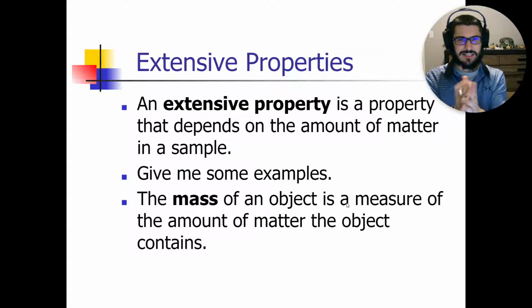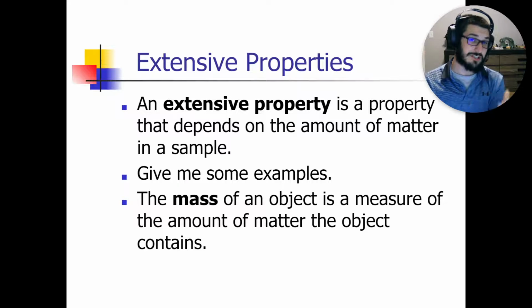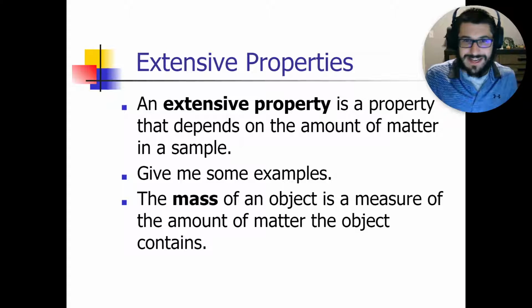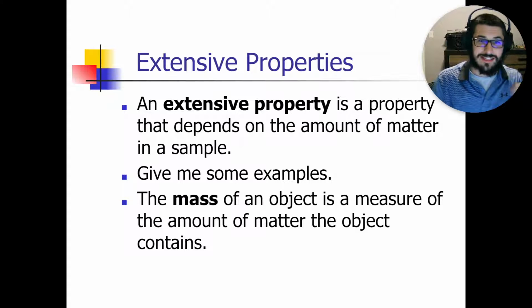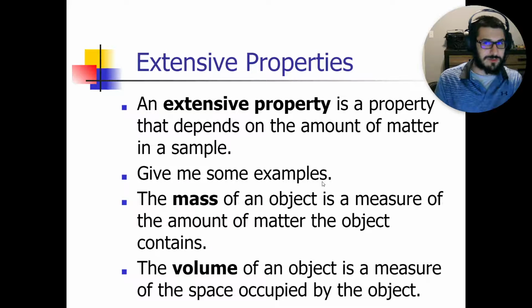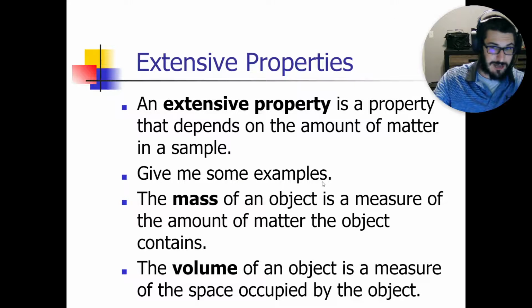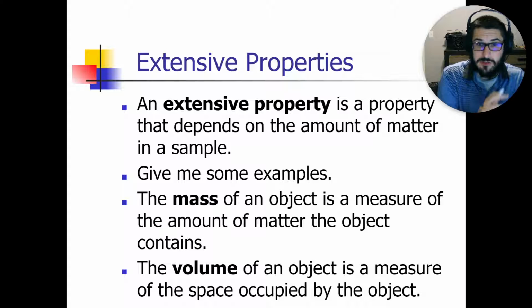So one example is going to be mass. Definitely if you've got twice as much of a substance, what happens to the mass? Yeah, it doubles. So mass is one of the most common extensive properties that we deal with in science. Volume, another big one. If you double how much of a substance you have, then the volume is going to double.